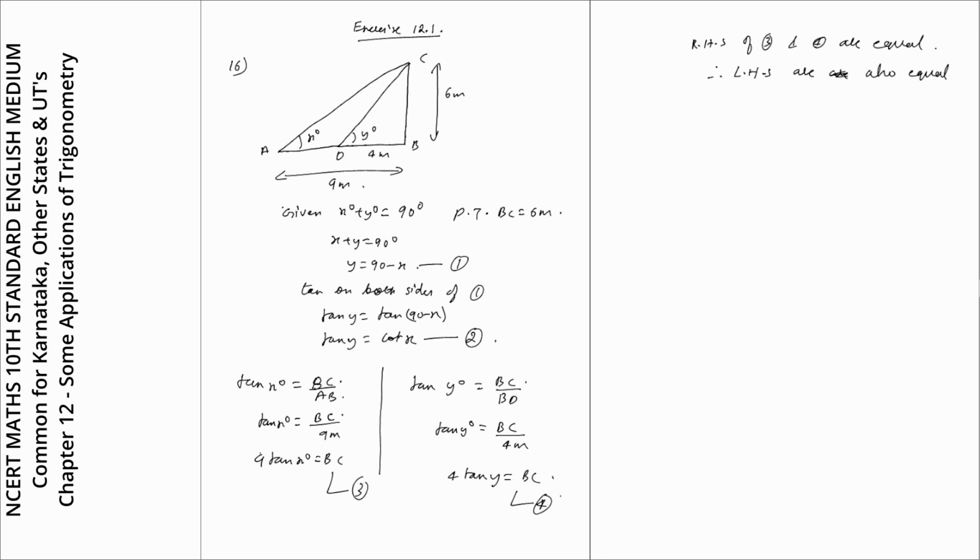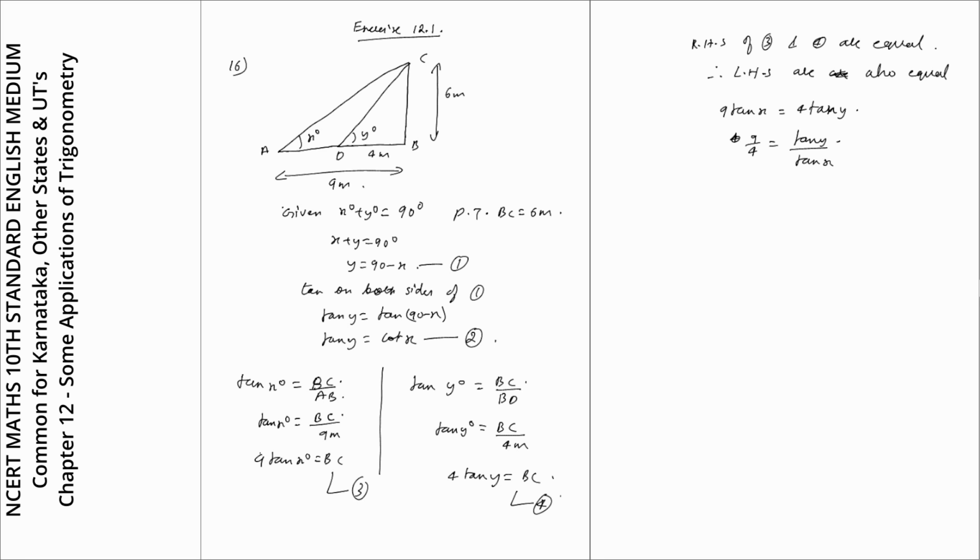So I can equate the left hand sides, that is 9 into tan x is equal to 4 into tan y. Now if I cross multiply, 9 by 4 is equal to tan of y by tan of x.